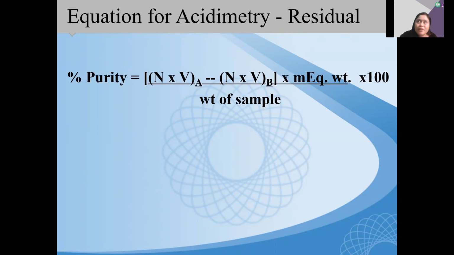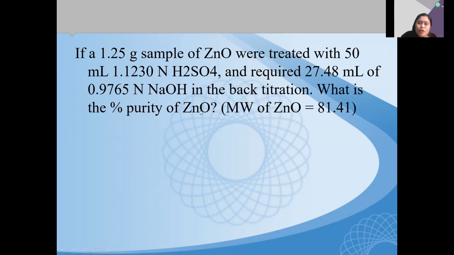So the same process ng pag-compute of the percent purity, it's just that since we have 2 titrants, we also have 2 normality and 2 volume.